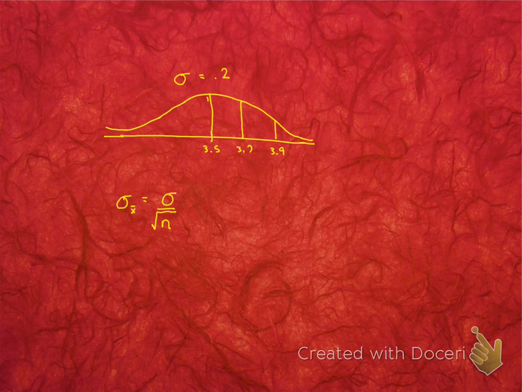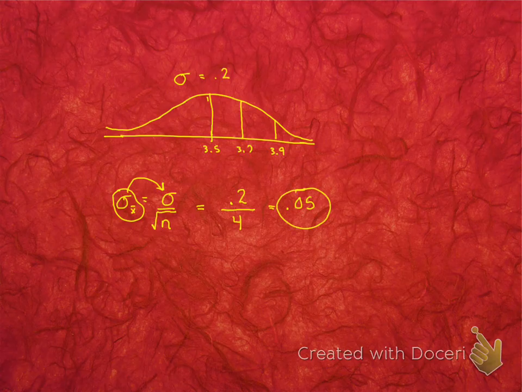So in order to find the standard deviation of the sample, we take the standard deviation from the population, which was 0.2, and our random sample of 16 has a square root of 4. So when we use the sample, we come up with a standard deviation of 0.05, which is definitely less than the standard deviation of the population, which is 0.2.